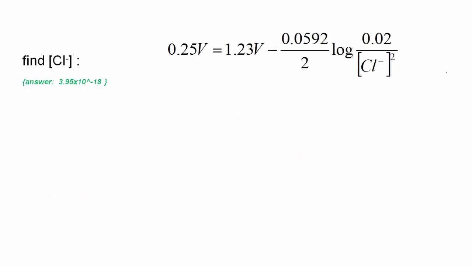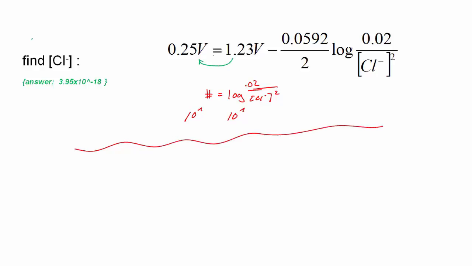Find the concentration of chloride. Okay, so what we need to do is get this to look like some number equals the log of 0.02 over chloride squared. Right? Get it to look like this, then we'll raise both sides to the 10 power. Okay? So that's the game plan. First, let's bring this over. We'll have 0.25 minus 1.23, about negative 0.98.